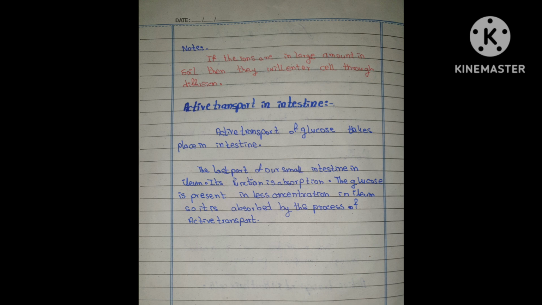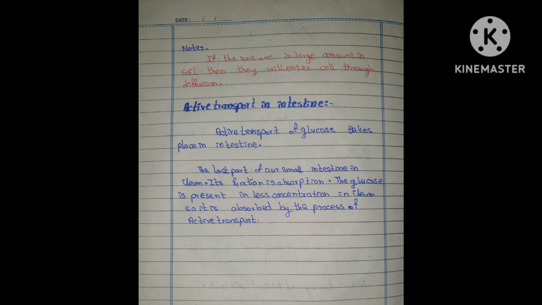The function of the ileum is the absorption of the products of digestion. Glucose, which is also a product of digestion, is present in the small intestine in low concentration, so the ileum absorbs this glucose by active transport.